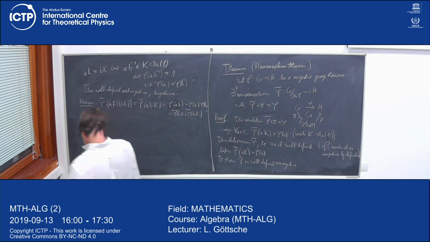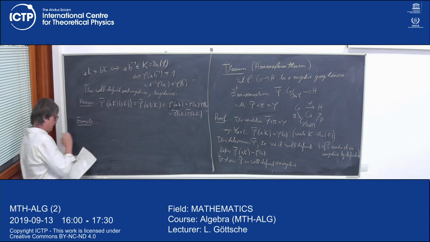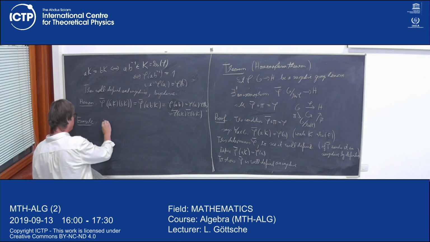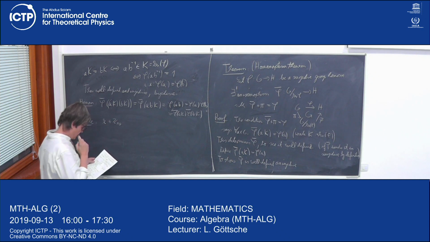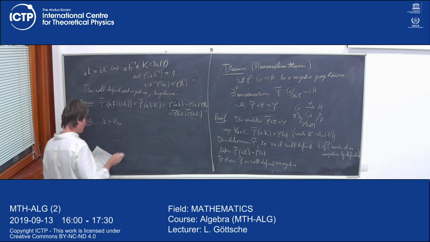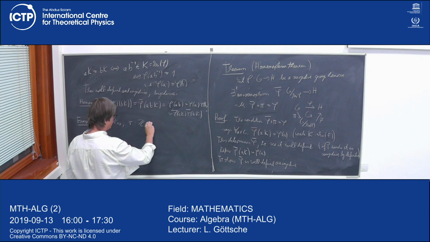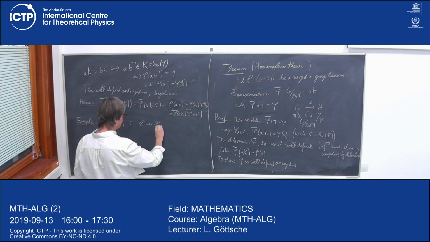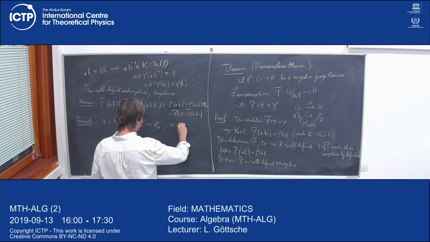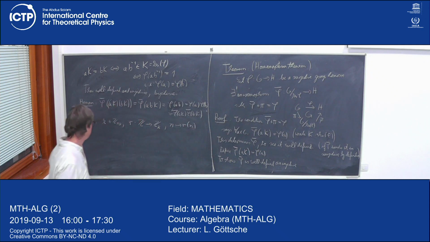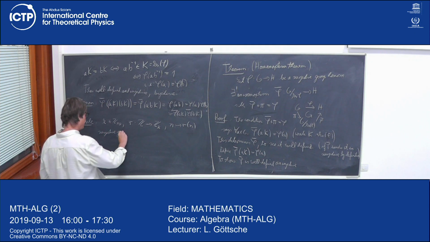So just one example that we have already seen. If K is a positive integer, then we have the map R, which we had before, from Z to Z_K, which sends a number to the remainder when we divide by K. So this is a surjective group homomorphism.